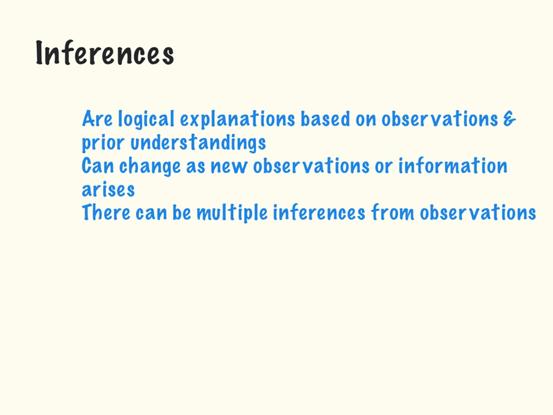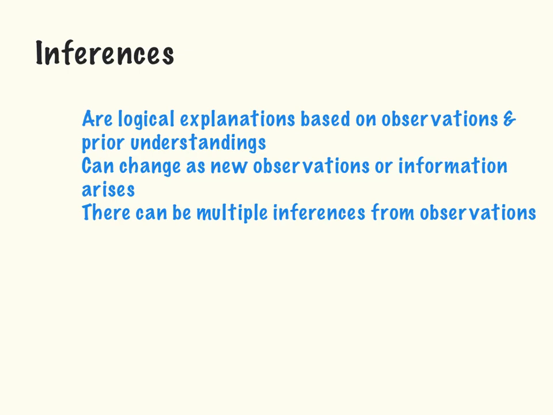With every observation, there can be more than one possible reason it happened. So we can make many inferences based upon observations. But the number of inferences tends to be less than the total number of observations we have, because we allow our mind to look at all the possibilities before settling on one.